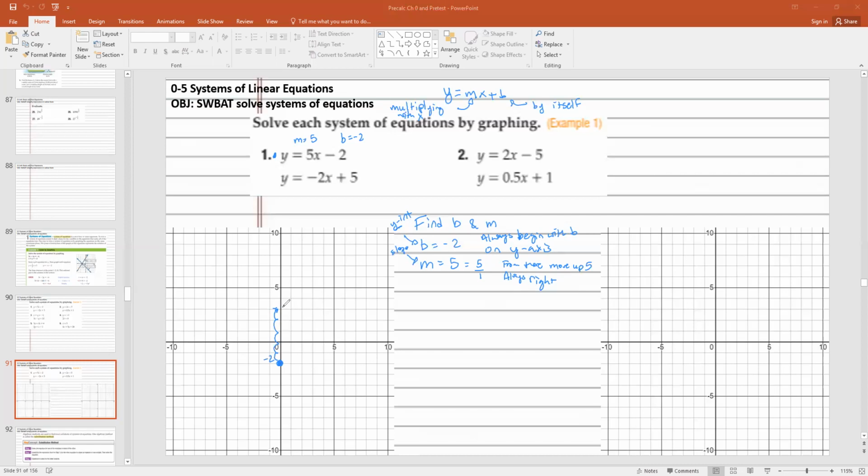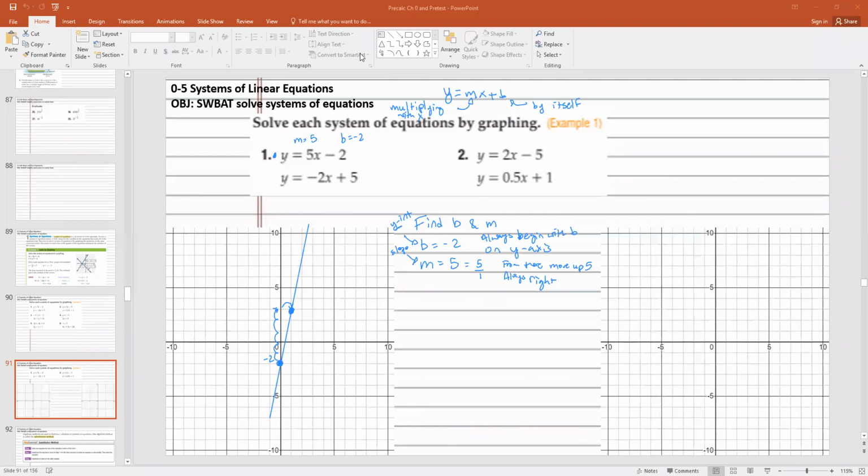There's one case where you'd want to move to the left, and that's if you run out of space. We might see one of those later. So up 5 and to the right 1. And then we draw a line through those 2 points. There you go. That looks good.